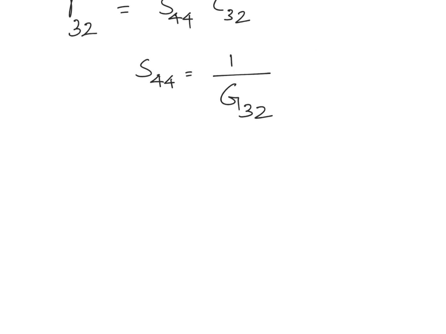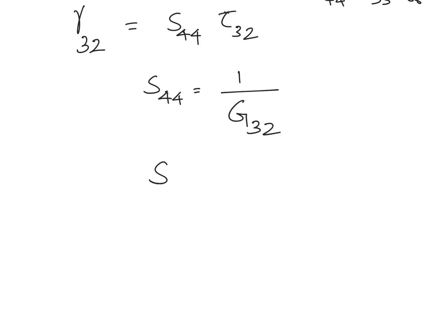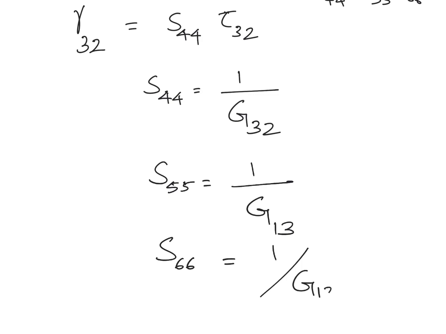Using a similar argument, S55 will be the inverse of the shear modulus in the plane 13, and similarly your S66 will be the reciprocal of the shear modulus in the 12 plane. So this explains the relevance of the 6 constants, or how they are related to the parameters which we know physically.